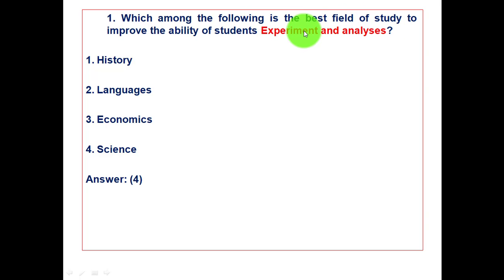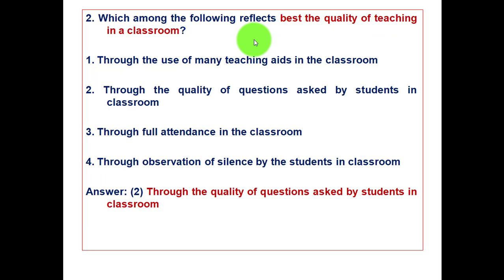Two terms that are very important in this sentence are experiment and analysis. When these two terms come, always remember that we are talking about science. So option 4 is the correct option: science is the best field of study to improve the ability of students in experiments and analysis.